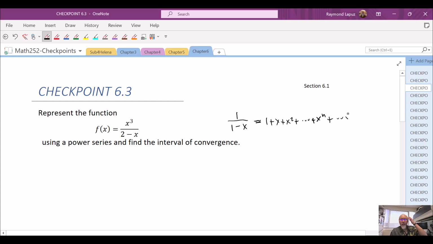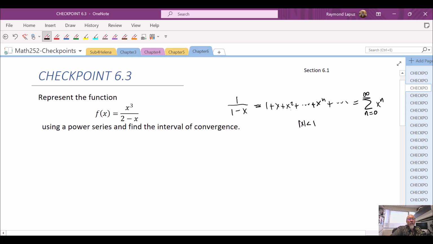Okay, so that is the sum as n goes from 0 to infinity of x to the n. So when n is equal to 0, we have x to the 0th power, which is 1, and then x to the 1st, x to the 2nd, etc. So now we should try to take advantage of this. Oh, but this, by the way, converges when the absolute value of x is less than 1. So it converges between negative 1 and 1.